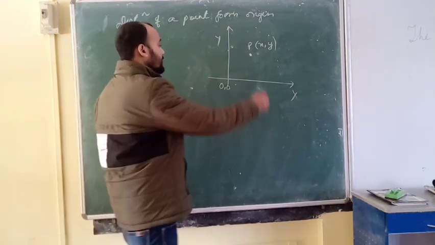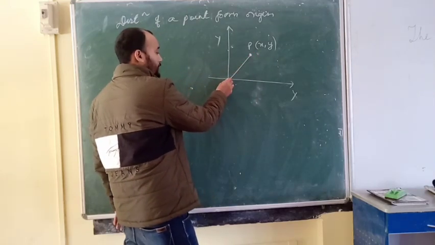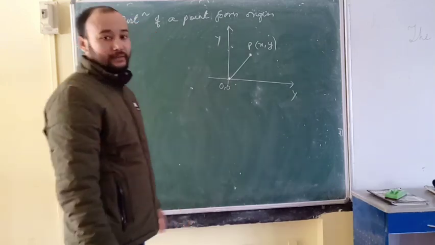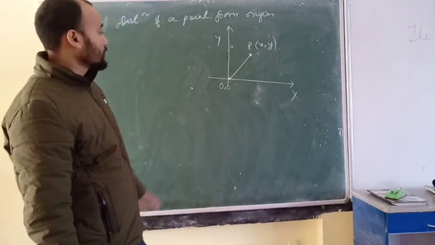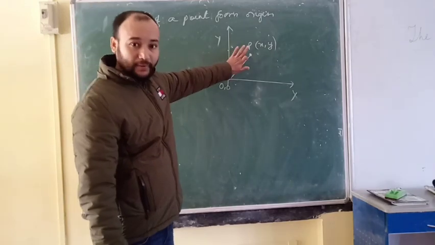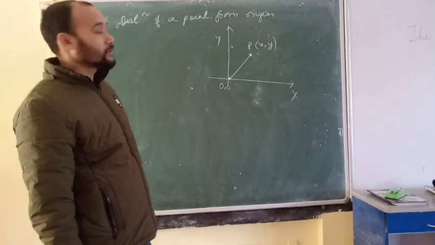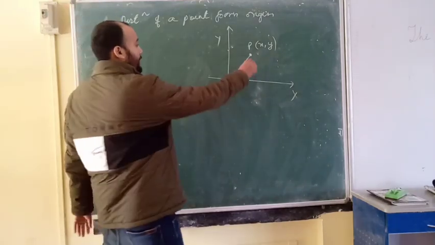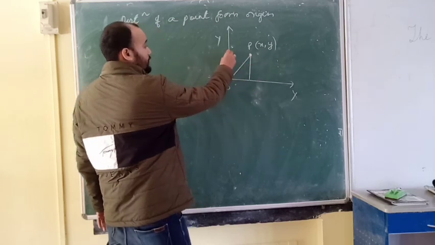So in order to do that, we need to draw a particular line. In physics, it is known as position vector, but later on we will learn this. So this is the position of point P. Now what is the distance? In order to calculate this, first of all, we need to draw a perpendicular from P to x-axis, or you can choose this also.